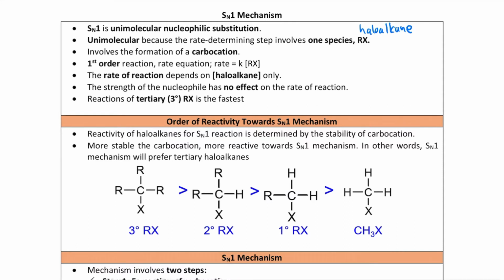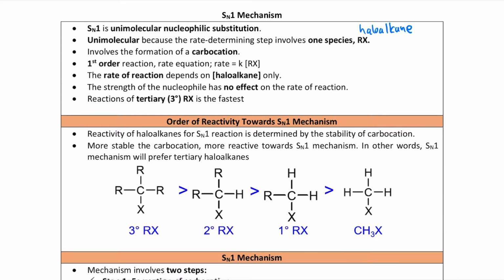It won't affect the rate of reaction untuk SN1 mechanism. Okay, sebab tadi kita kata rate hanya bergantung kepada concentration haloalkane. And then dia kata sini reaction of tertiary haloalkane is the fastest. Okay, so reaction tertiary haloalkane adalah yang paling cepat lah, sebab SN1 dia favor tertiary sebenarnya. Okay, sebab tertiary tu paling stable lah untuk dia.